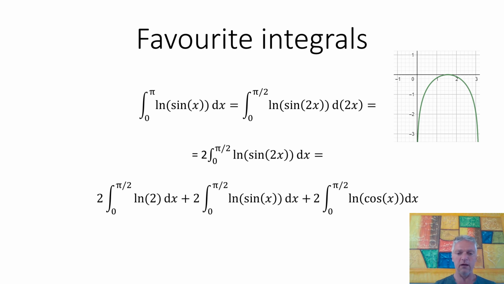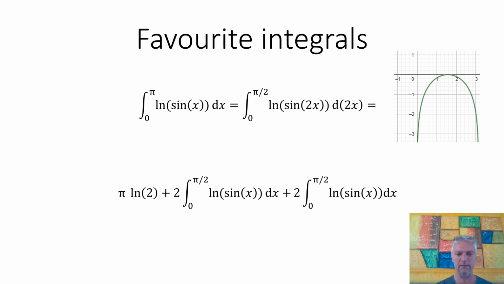So these last two terms can be put together to arrive at this identity. We have evaluated the first integral as pi times logarithm of 2. Then we've got 2 times the integral of the logarithm of the sine plus 2 times the same.